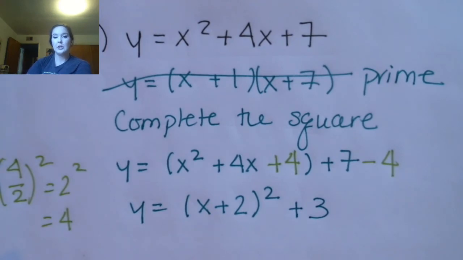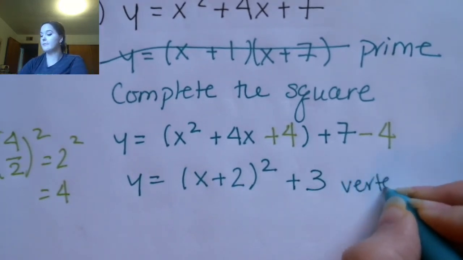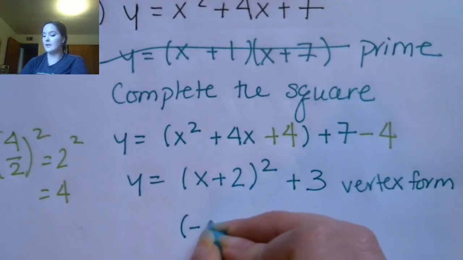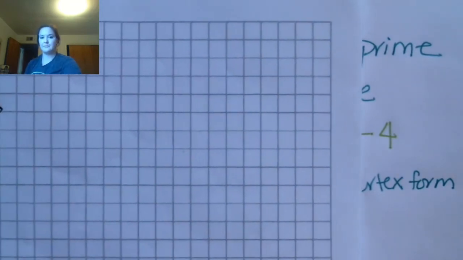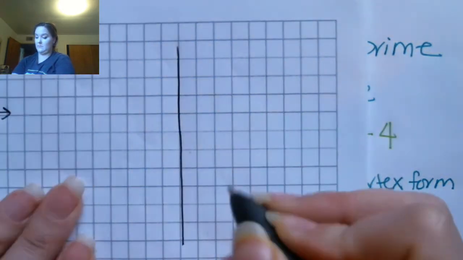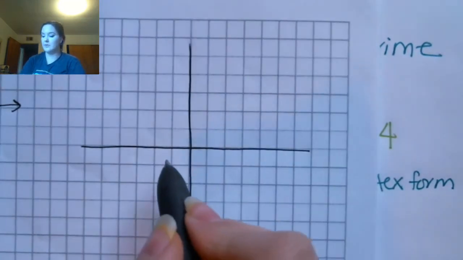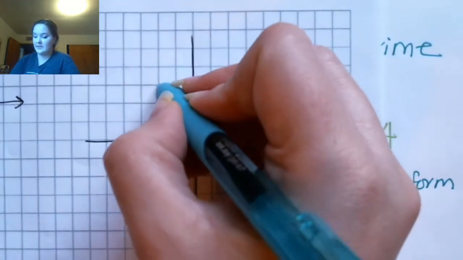You can see now why we spent so much time completing the square. This is vertex form, and my vertex is -2, 3. So let's look at my graph. My vertex was -2, 3, so that puts my vertex here.